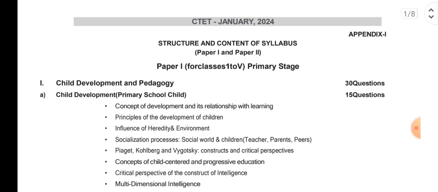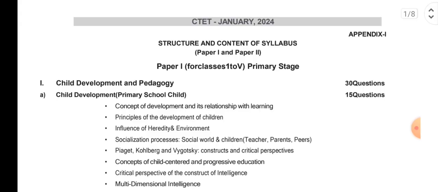Which means if you crack this CTET exam, you are eligible to work as an assistant teacher in different central schools, right? I myself have already cracked this exam both for LP and UP.